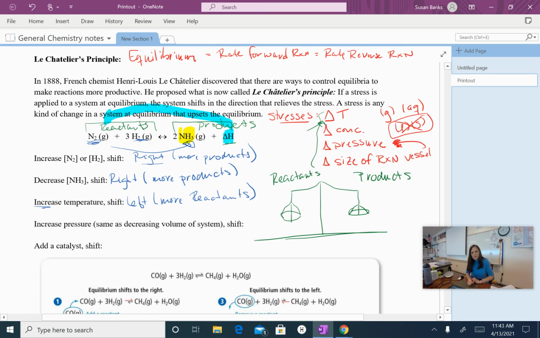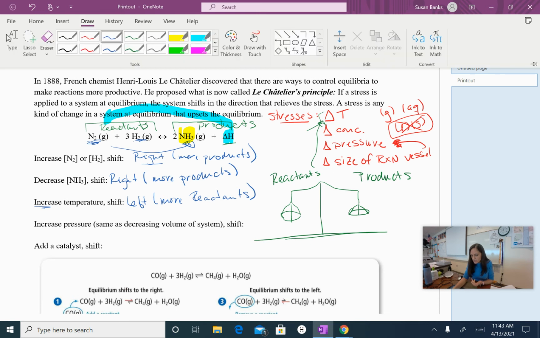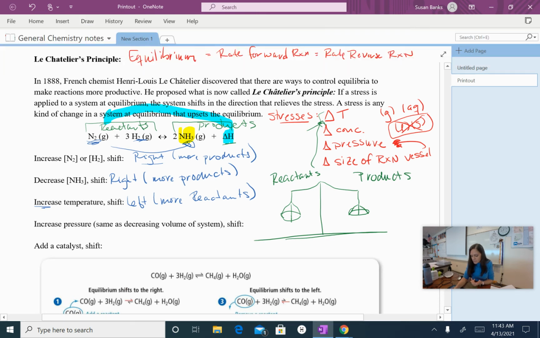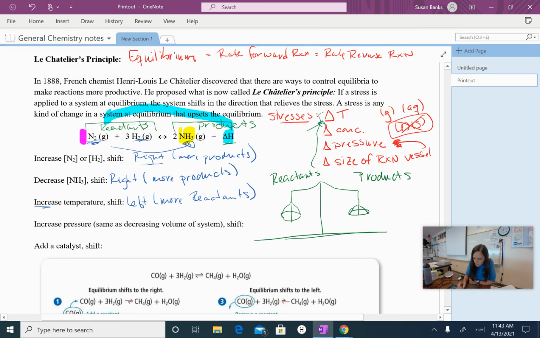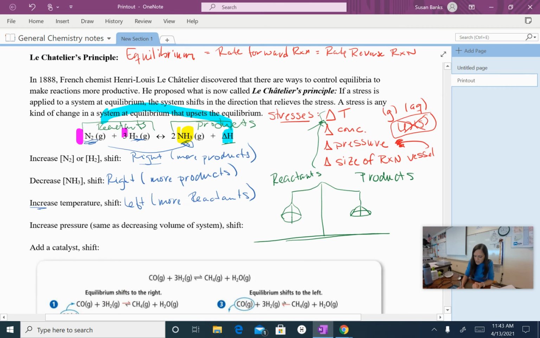Okay? If I increase the pressure, what we have to do is look at how many moles of gas we have on both sides. So we're going to look at the coefficient. Actually, that one's too dark. Let's use green. If I don't have a coefficient, it's listed as 1, right? So I have 1 nitrogen, 3 hydrogens.